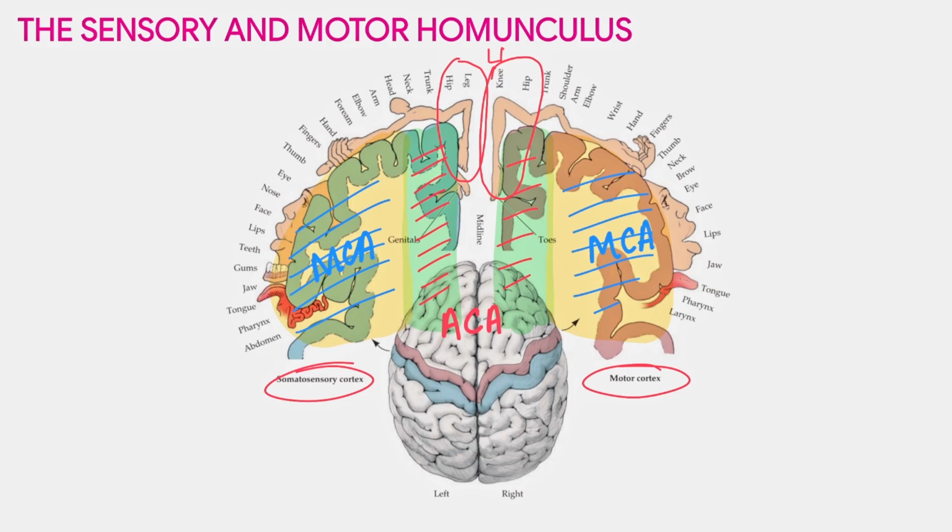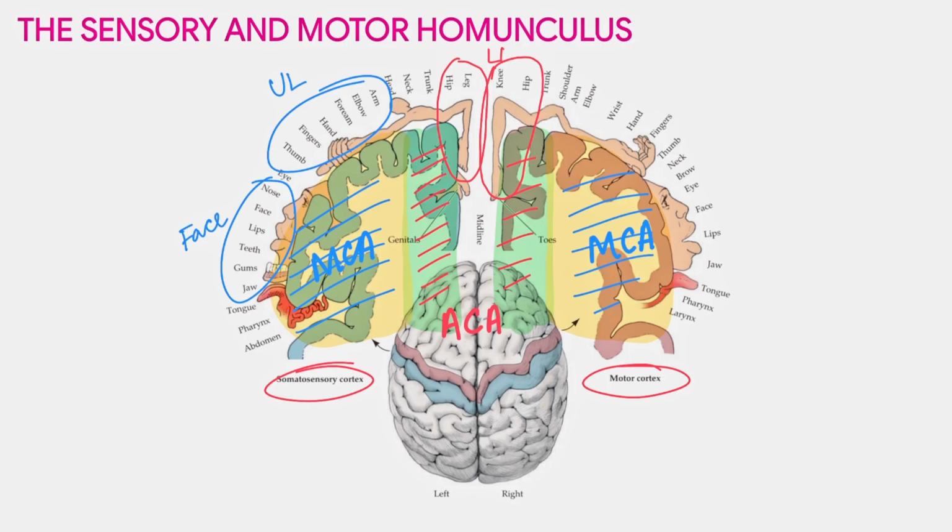Now, in middle cerebral artery, the main things that you should remember is the upper limb and also the face. So if a patient has an MCA stroke, the lesion would be loss of sensation from the face and upper limb, and also weakness in the facial muscles and upper limb muscles. And of course, it will be on the contralateral side.